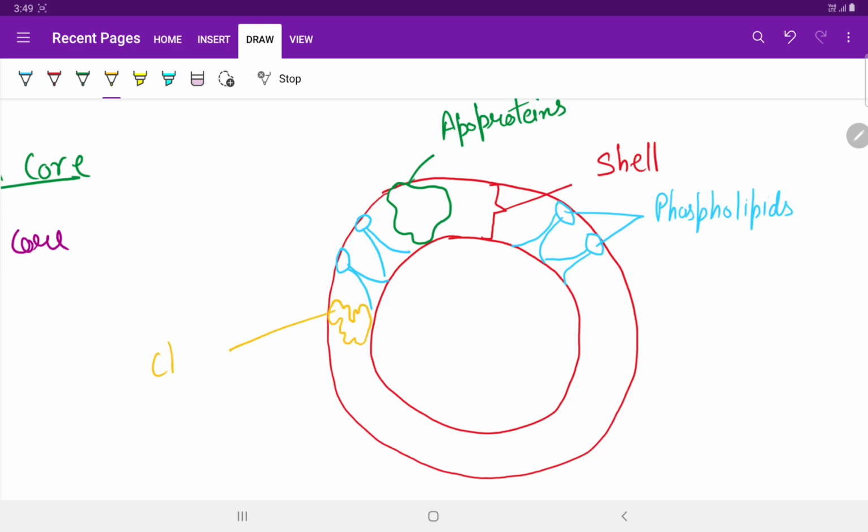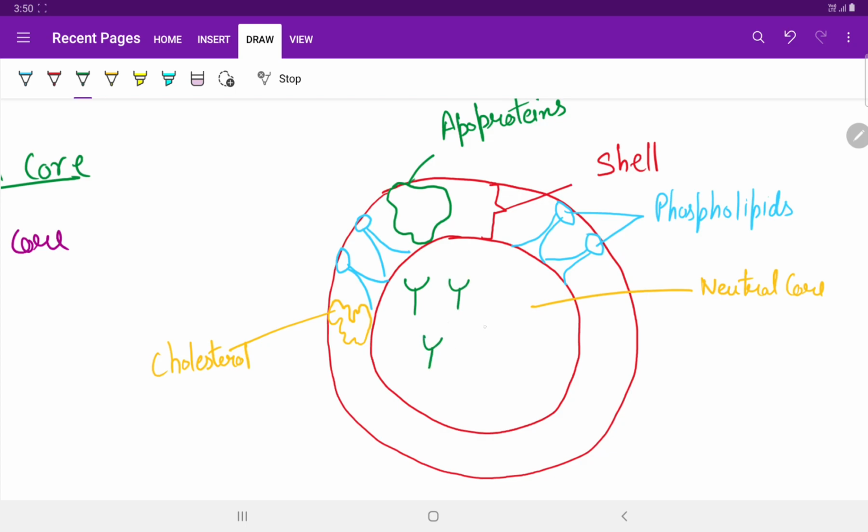So, these are cholesterol molecules. Now comes the turn for the internal neutral core. This is the non-polar neutral core that consists of cholesterol esters and triacylglycerols.